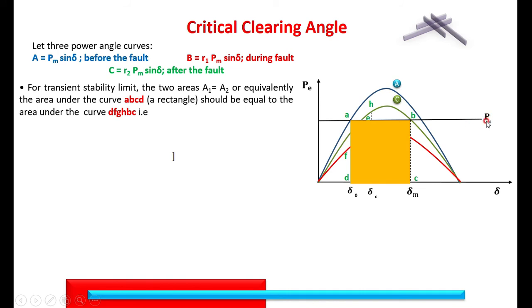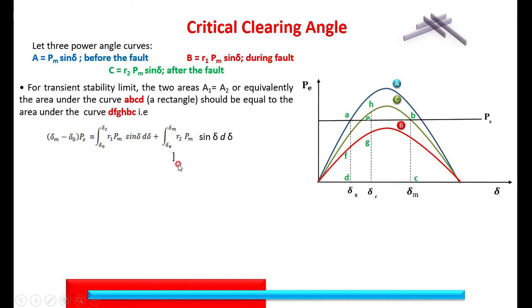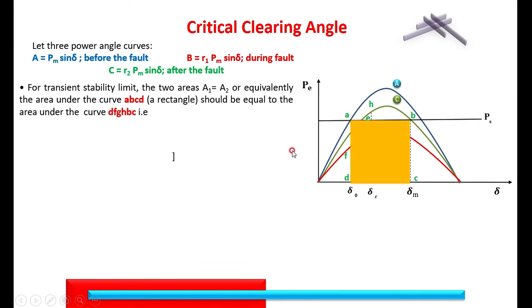It is Ps into (delta m minus delta naught). That is, the height is Ps and the width is delta m minus delta naught. That is what I showed here previously.